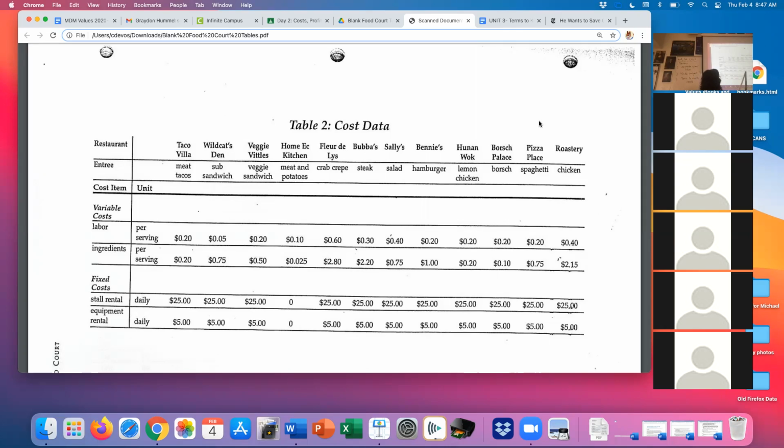Per serving, home ec kitchen, the ingredients, 0.025. Remember, they're getting some pretty cheap food there. Fleur-de-lis, $2.80 per serving, just for the ingredients. And where's that steak place? Bubba's, $2.20. The roastery is kind of expensive too.